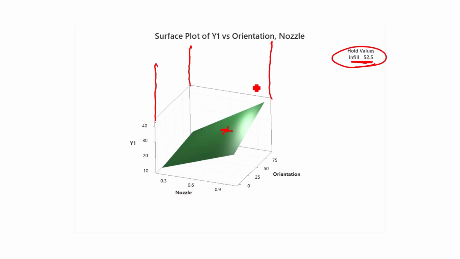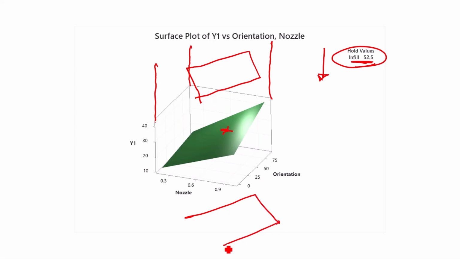Well, there's a good chance that this plane would move up the lift shaft. Or if I wound the infill in the other direction, this plane would move down the lift shaft.